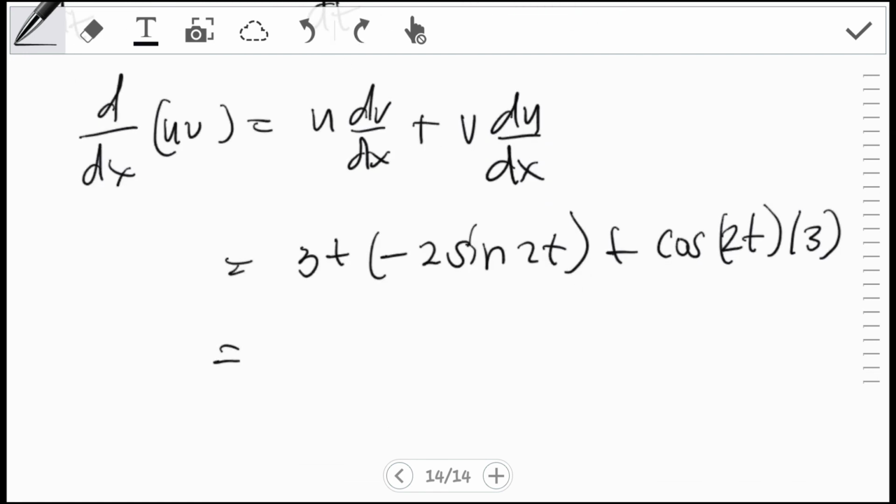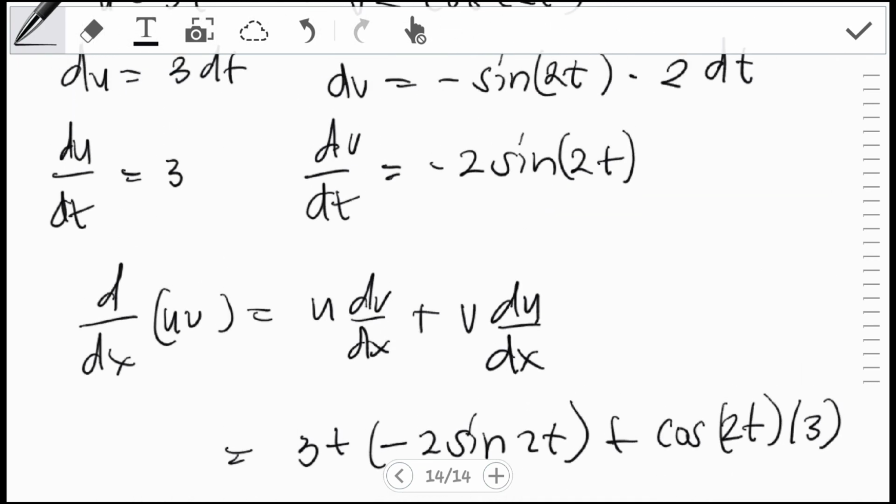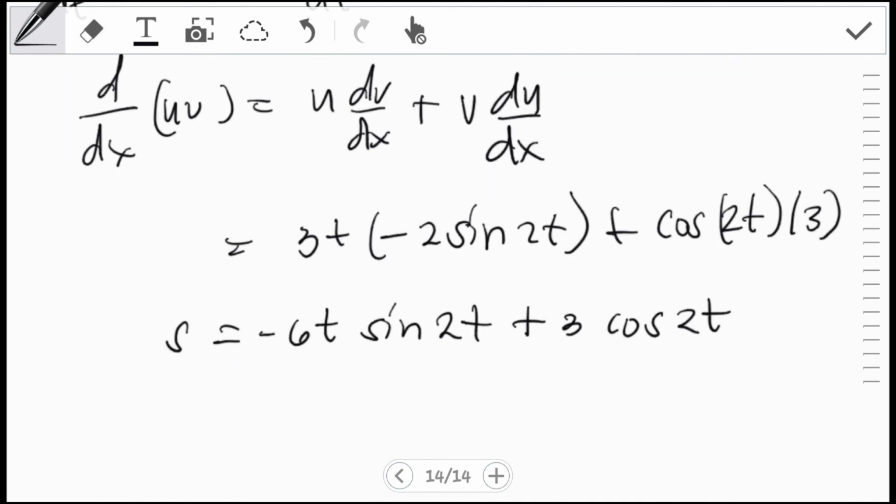The final answer is negative 6t sine 2t plus 3 cosine 2t. Okay? So that is the s prime equivalent. Okay, so that is the final answer.